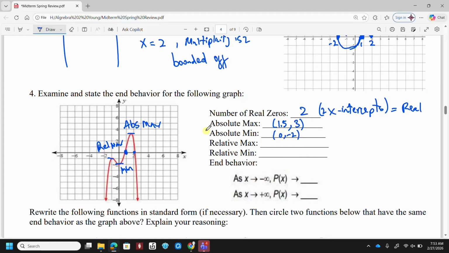The relative max would be -1, -1. Relative minimum, so it's the same thing as this one, so 0, -2. There's only one minimum. And end behavior, they're both going down.